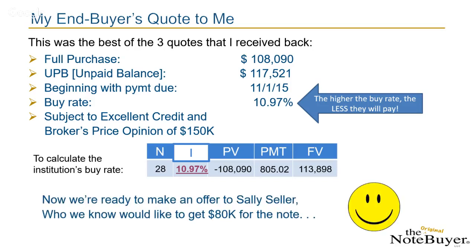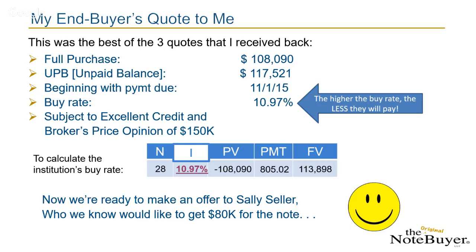So now that we have this offer from our institutional buyer, we're ready to make an offer to Sally Seller, who, by the way, has already told us that she would like to get $80,000 for this note. You might remember this example from my presentation. It's absolutely one of my favorite deals because Sally Seller is a perfect seller.